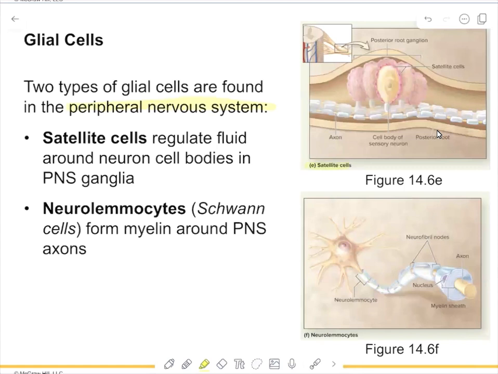We see a satellite cell, which regulates fluid around the cell bodies in peripheral nervous system ganglia. And we also see what are called neurolemmocytes or Schwann cells. And these form myelin around the peripheral nervous system axons, just like the oligodendrocytes do in the central nervous system.